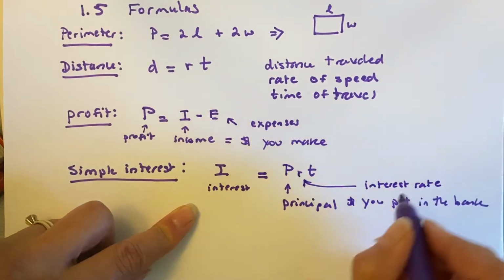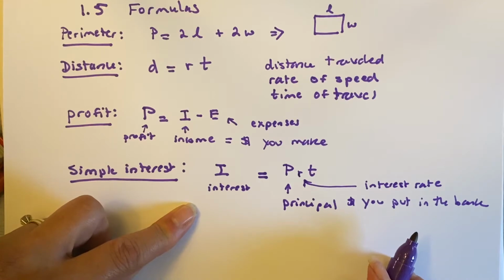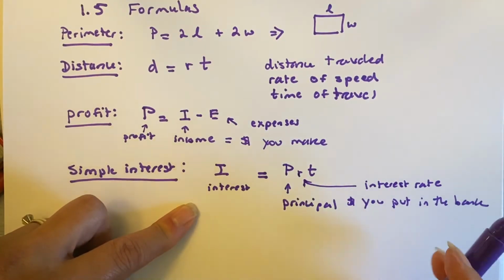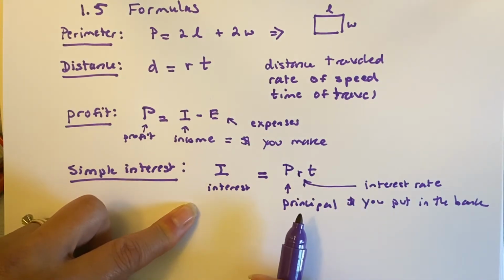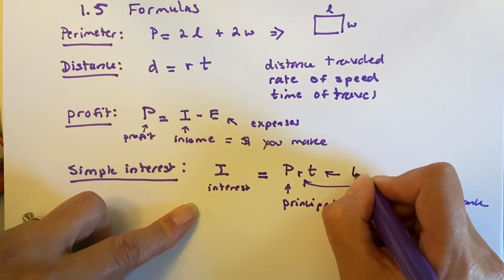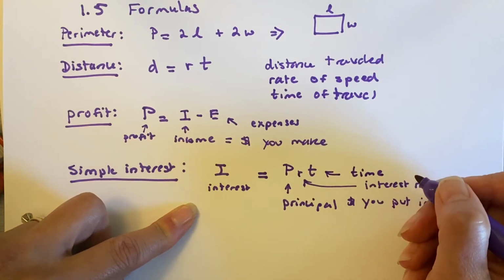In other words, if you put $100 in the bank and the bank has an interest rate of 5%, which it won't, that's a very high interest rate, that means the bank will give you $5 for every $100 you put in the bank per year, because the last T is time and is usually measured in years, okay?